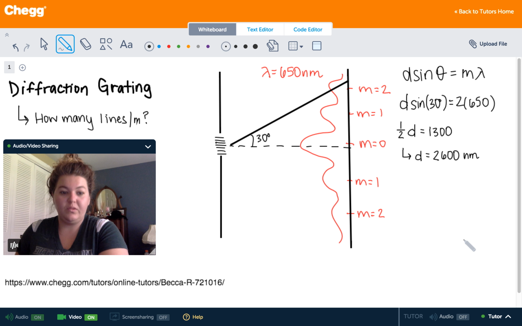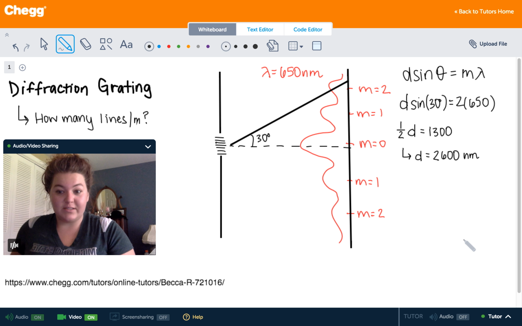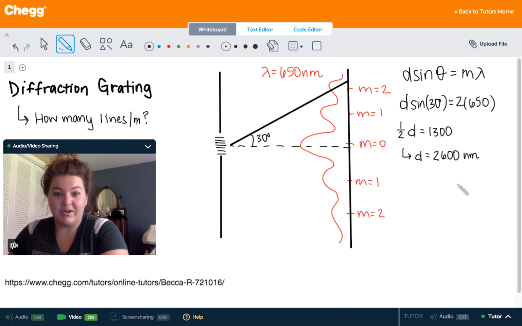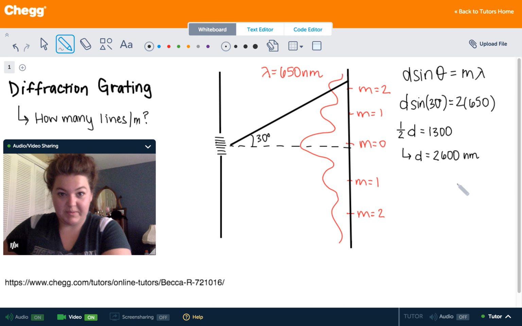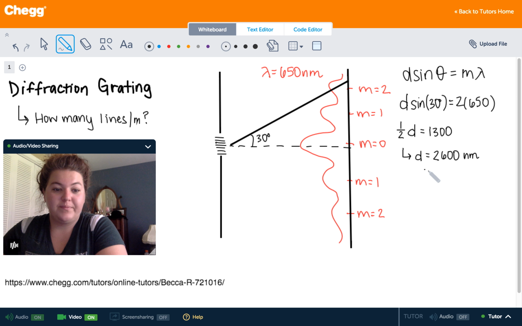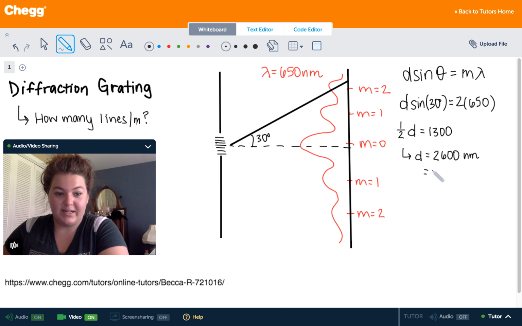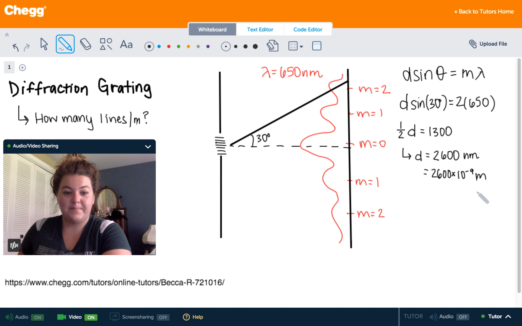So 2600 nanometers can be converted to meters. Remember, a nanometer is a billionth of a meter. So a simple way of writing d in meters would be 2600 times 10 to the -9th meters.